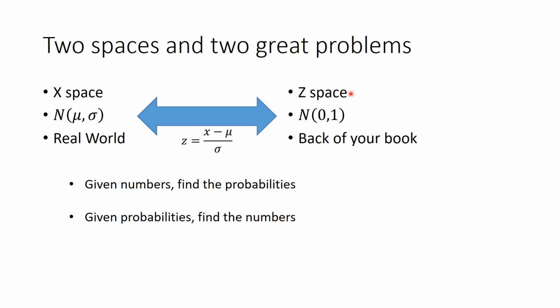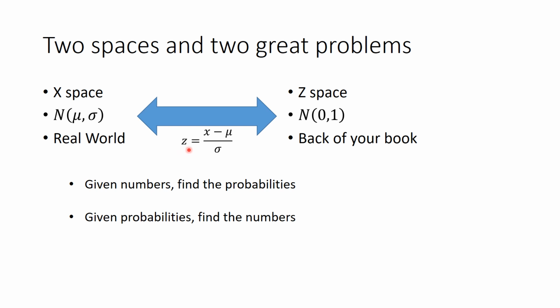The other space is called the z space, and this is the table in the back of your book. This is a normal with mean 0 and standard deviation 1. These 2 spaces are connected, the arrow goes both ways, by a formula which is the z transform.